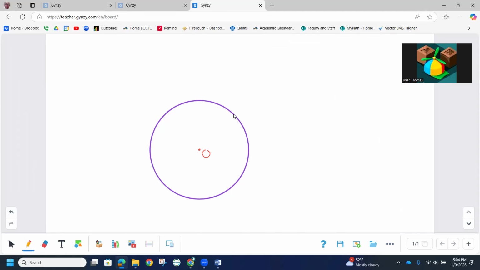and if I go to a point on the circle, A, from O to A, that distance would be the same as if I went from O to, say, this point over here, B. So from the center to a point on the circle, this distance will always be the same.